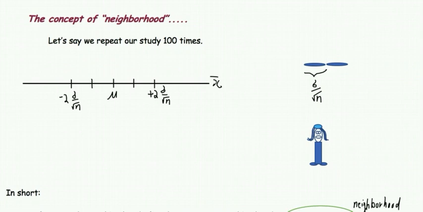Let's dig deeper into this concept of neighborhood. Let's do it one more time. Let's say we repeat our study 100 times, and we have this plus 2 minus 2 standard deviations neighborhood.